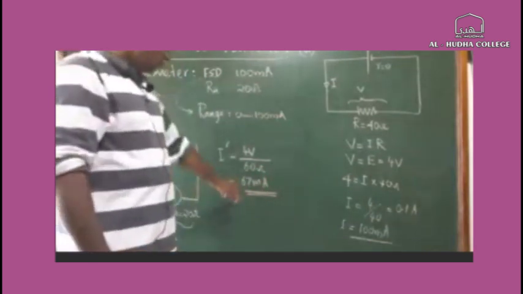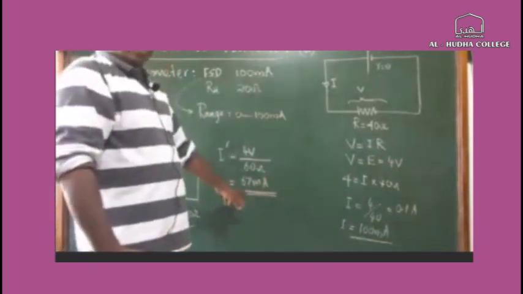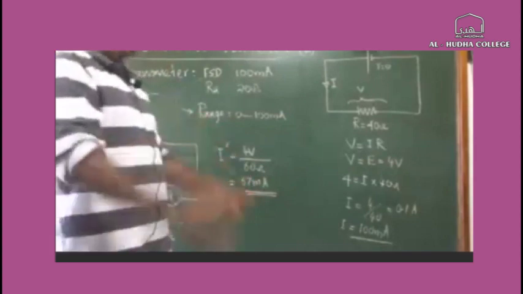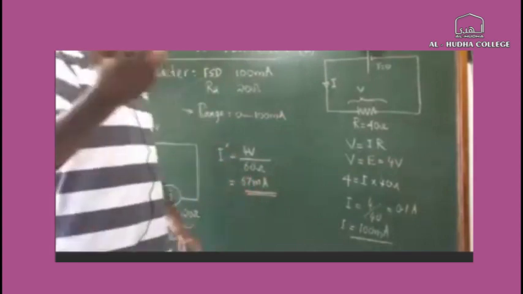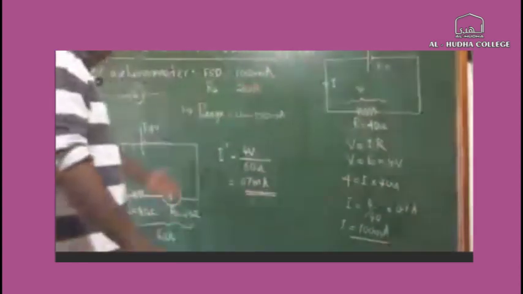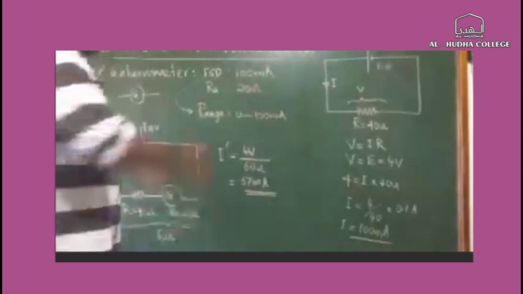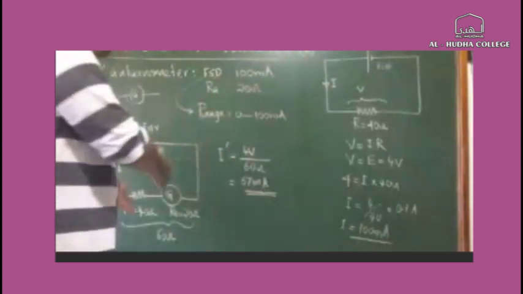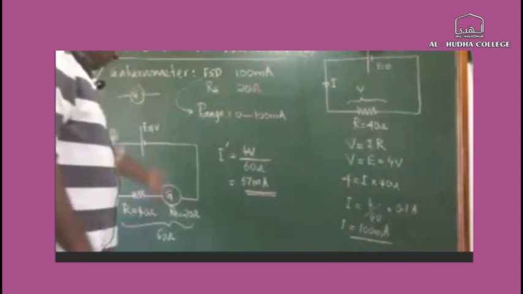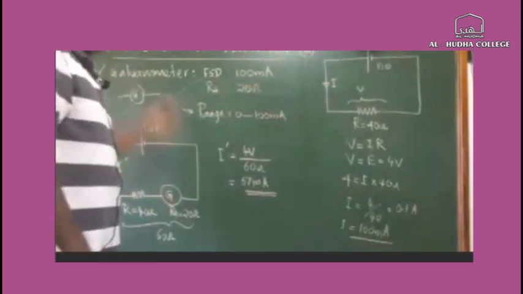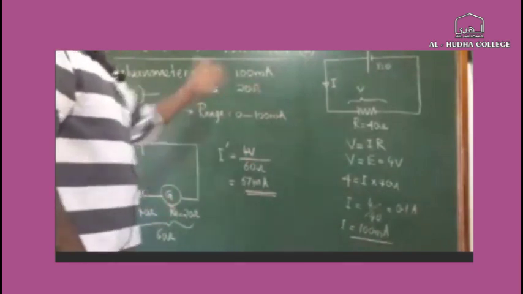So if we want to reduce or eliminate this error, what is the condition? For example, we have a 40 ohm resistor and we introduce the galvanometer. Because of this galvanometer, the measured current has come down.